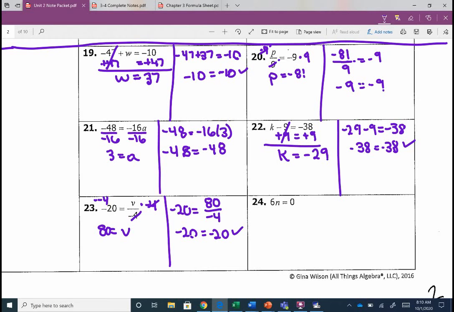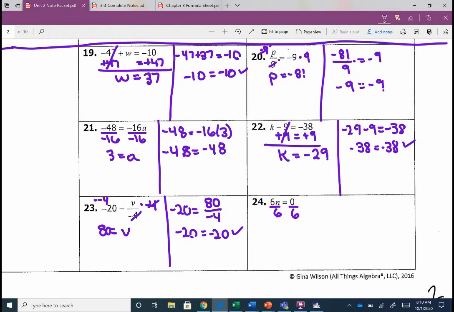I had a lot of you that said, wait, Miss Colley, but I can't divide by 0. That's okay, because we're not going to divide by 0. Remember, we want to get the n by itself. So I need to move the number that's by the n. So I need to divide by the 6. I can divide by 6. That's okay. Even check it out.